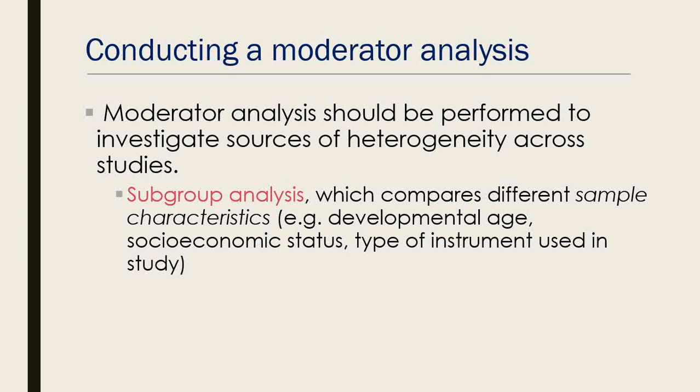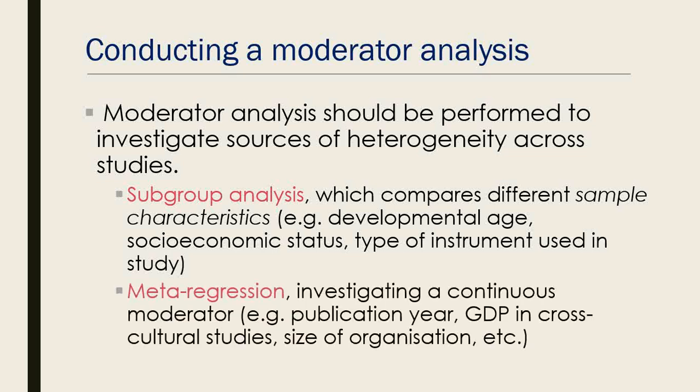What this does is compare different sample characteristics, like, for example, the developmental age of the sample, the socioeconomic status, or maybe the type of instrument used in either measuring the independent variable or the dependent variable. And then it tries to group these together and see whether that reduces heterogeneity.